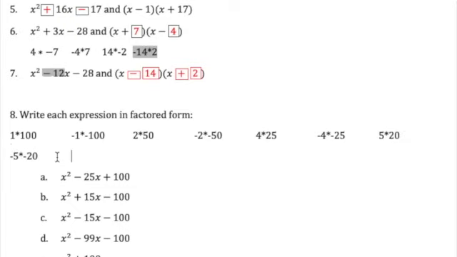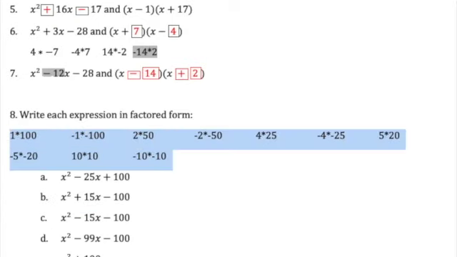And then 6, no, 7, no, 8, 9, 10. 10 times 10, then negative 10 times negative 10. And that's all of them. So we have 10 pairs of numbers for positive 100. And now notice we could also come up with 10 more pairs for negative 100, because again, we have all these numbers, but with only one different number being negative.